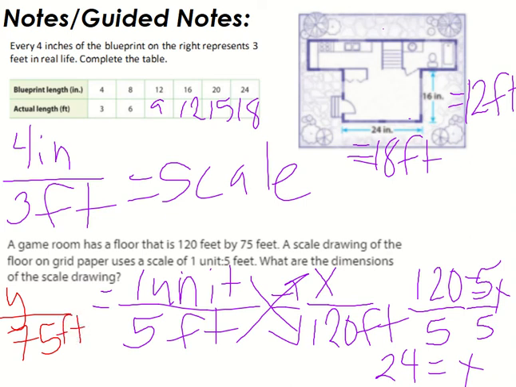Okay, and then we'll go over that later. So find out what the other measurement is for the unit. What is y? Use a cross product, multiply here. All right, so pause, finish that problem up, and then when you're done, you can move on to the next problem.